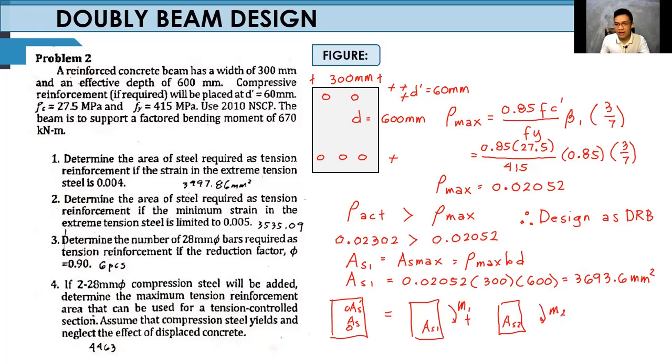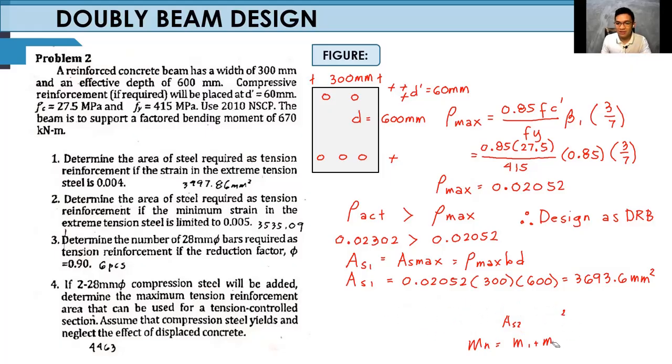Okay? So, lahat ng moment na yan is Mn, di ba? Mn is equivalent to M1 plus M2. So, we will be using this equation in getting our AS2. Okay? So, I hope that you could recall that one. Meron tayong video kung paano siya na-derive. So, paki-review na lang nun.